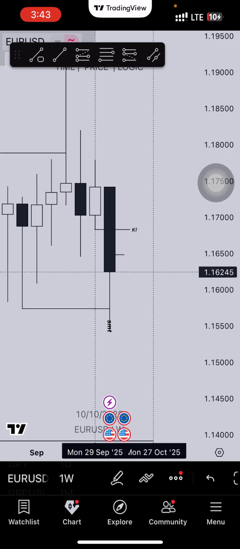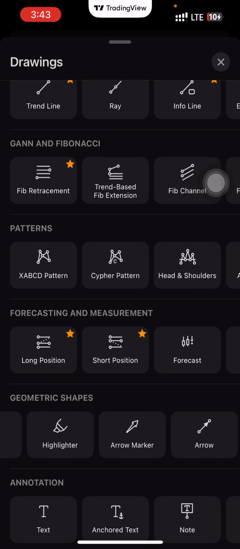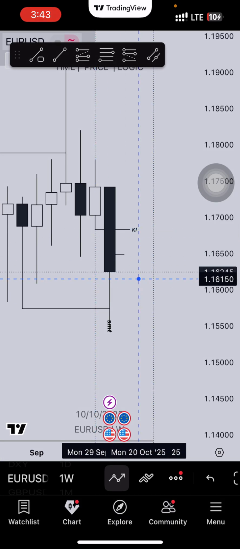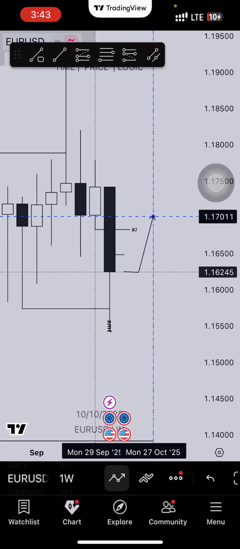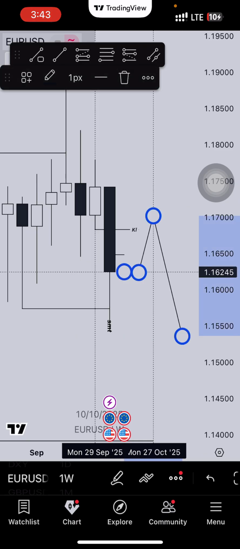So I'm expecting price to retrace higher for next week, and then we would open high, retrace here, and then move lower.